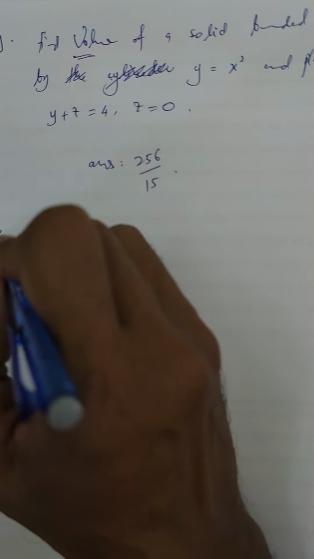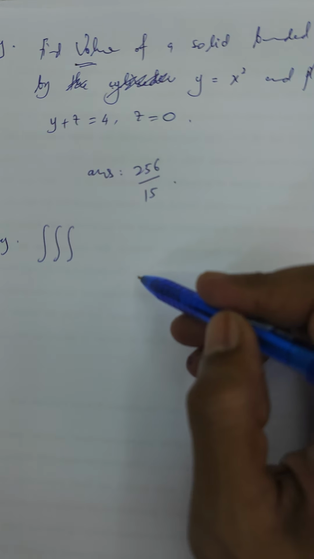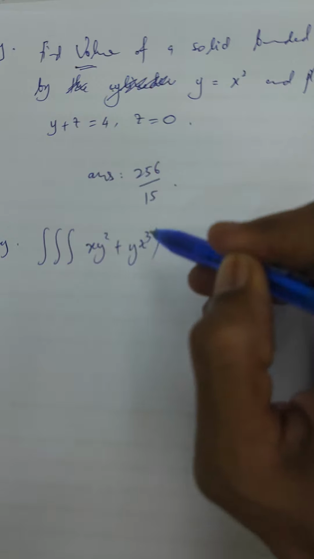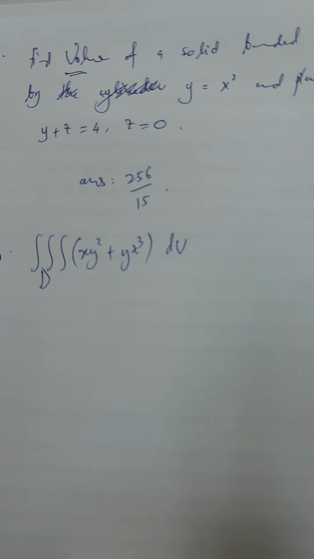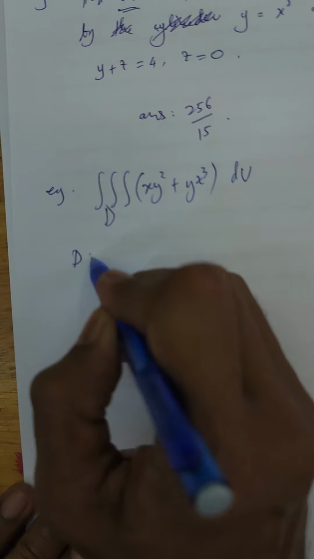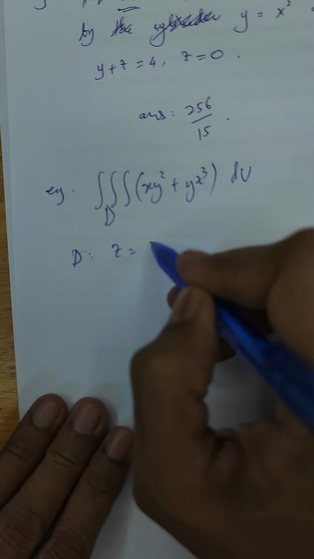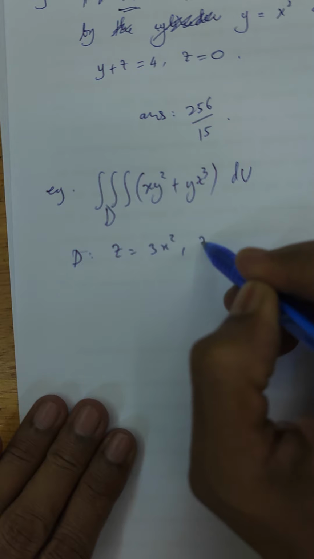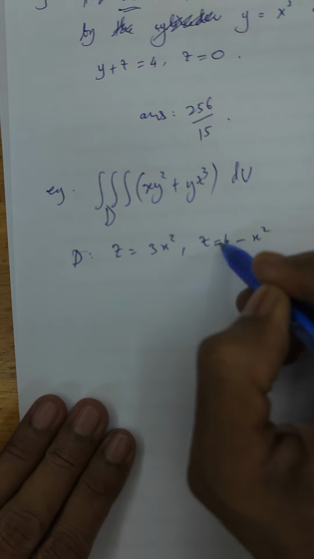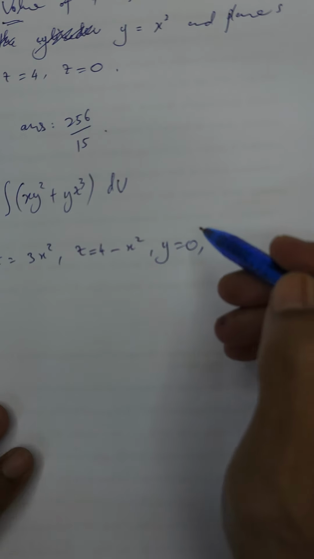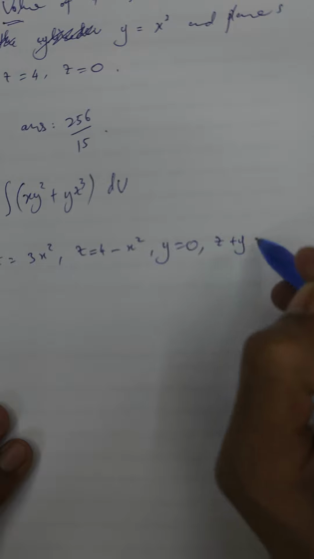Okay, let's say we want to evaluate this triple integral of x y squared plus y z cubed over our region D, dV, where our region D is given as z equal to 3x squared, z equal to 4 minus x squared, y equal to 0, and z plus y equal to 6.